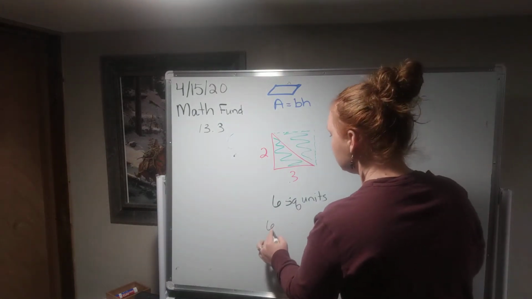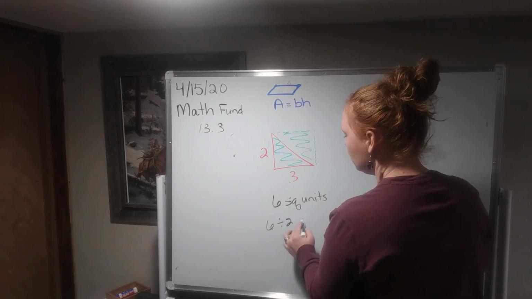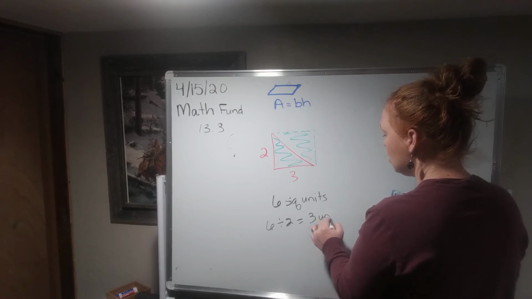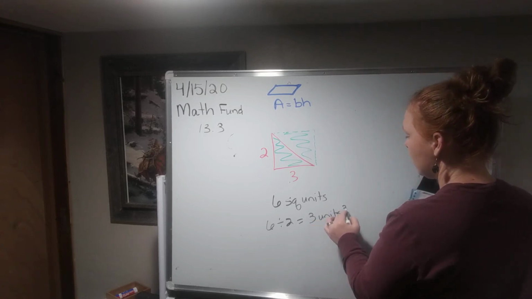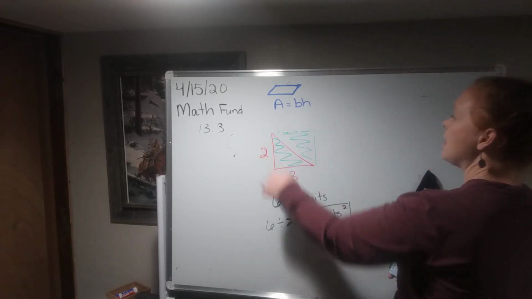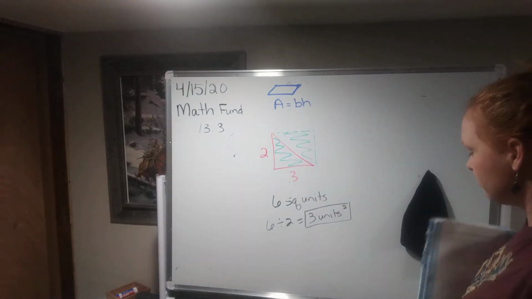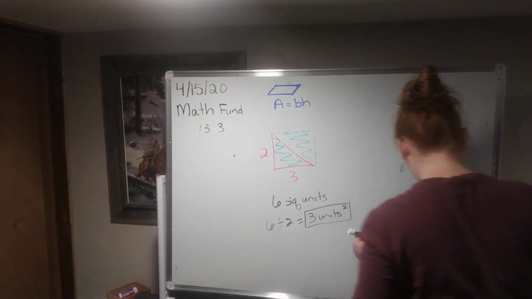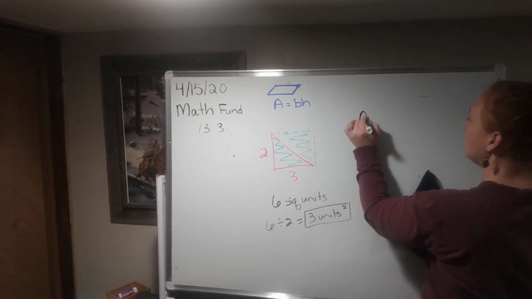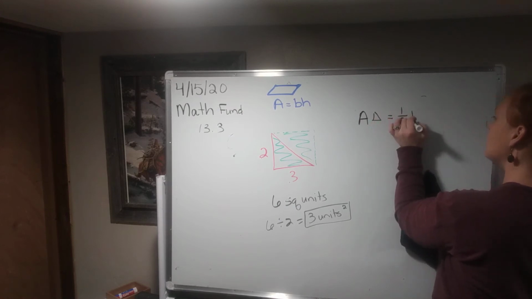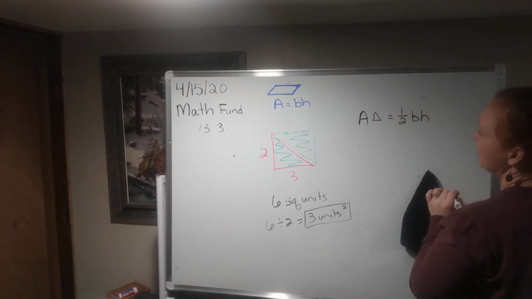I could say 6 divided by 2 equals 3. So 3 units squared is the measurement or the area of this triangle. Let me do a different triangle for you really quick. So the area of a triangle equals 1/2 the base times the height.